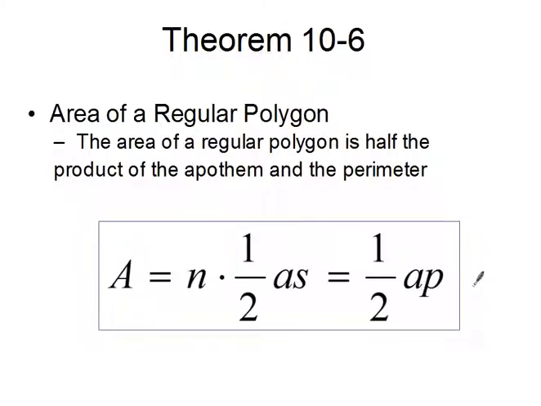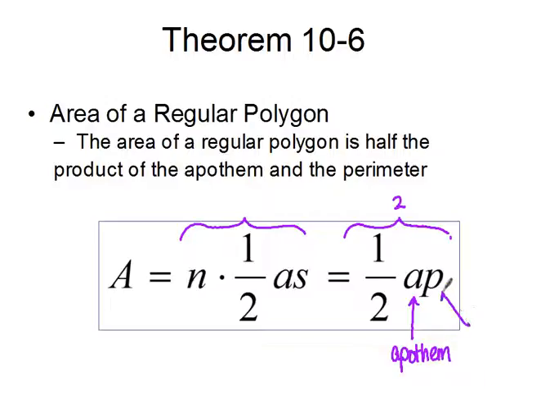All right, the formula you need to remember for this, and I have two versions of this formula. You have version 1 and you have version 2. Okay? It says the area of a regular polygon is half the product of the apothem and the perimeter. So that's this formula, number 2. Okay? A is the apothem, so we'll label that. And then P is the perimeter of the shape.